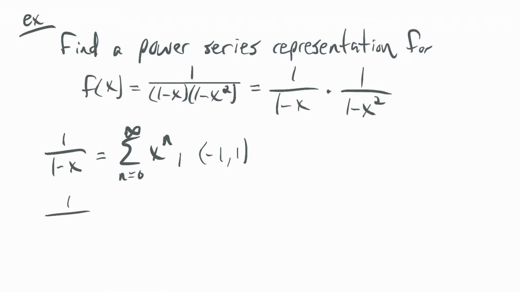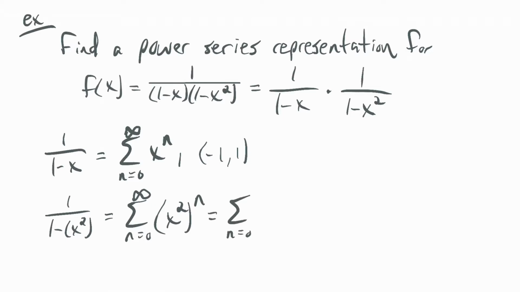The series 1 over 1 minus x squared, we'll represent with the series as n goes from 0 to infinity of x squared to the n power, which we can write as the series as n goes from 0 to infinity of x to the 2n. And the interval of convergence for this one is where x squared is between -1 and +1.